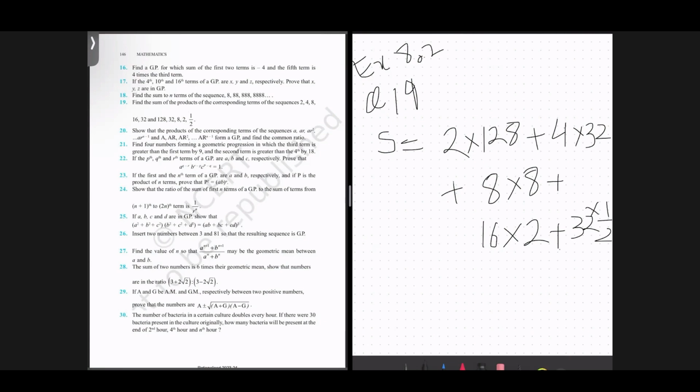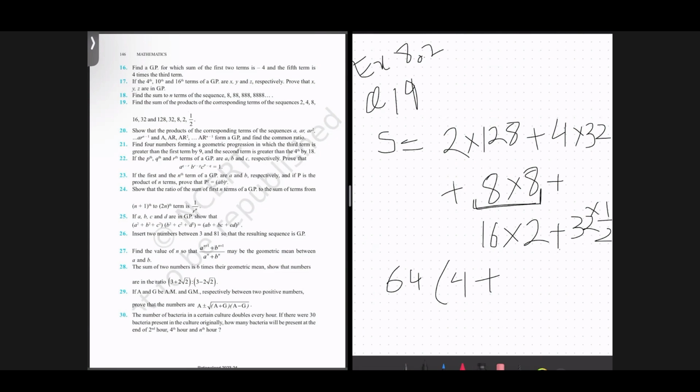Right. From this summation, can I take out 64 as common? Can I do that? Let's see what happens when I do that. So I am going to take 64 as common. 2 into 128 is nothing but 256. And when you divide 256 by 64, we are left with 4. Plus 4 into 32 is 128.